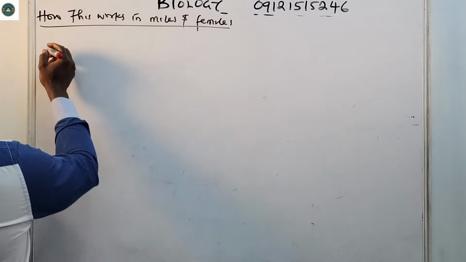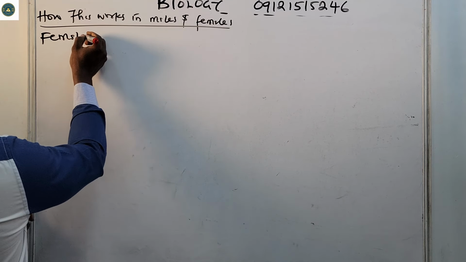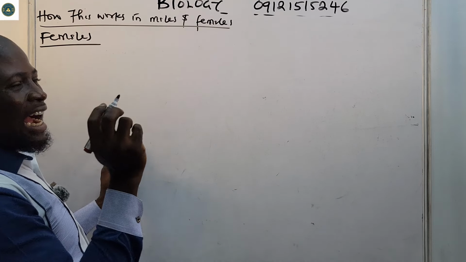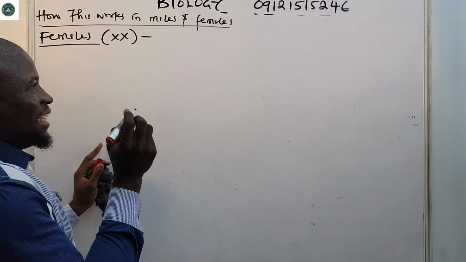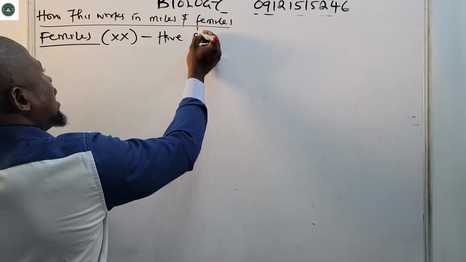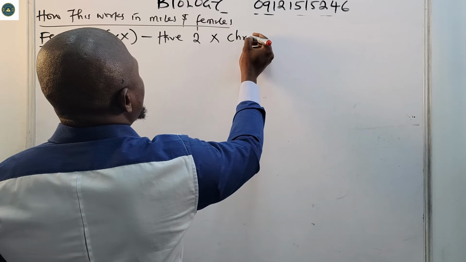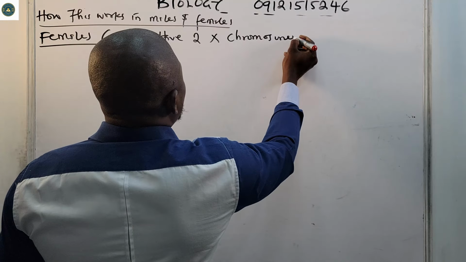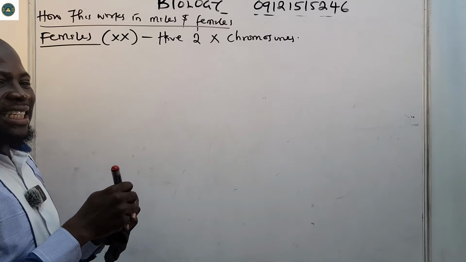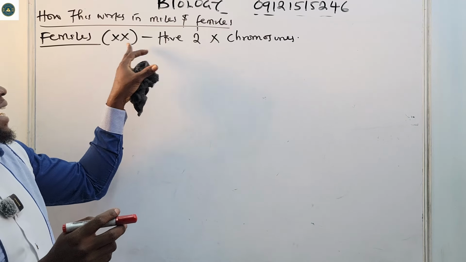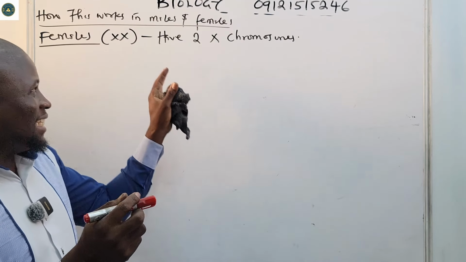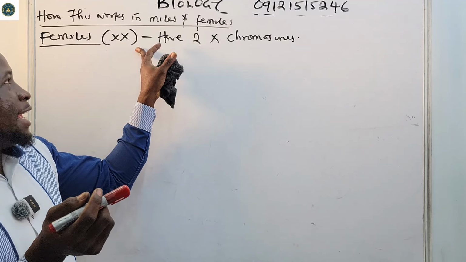For the females, we know that they have two X chromosomes, so that means XX. This means that a defective gene on one of the X chromosomes can be covered up by the other one.